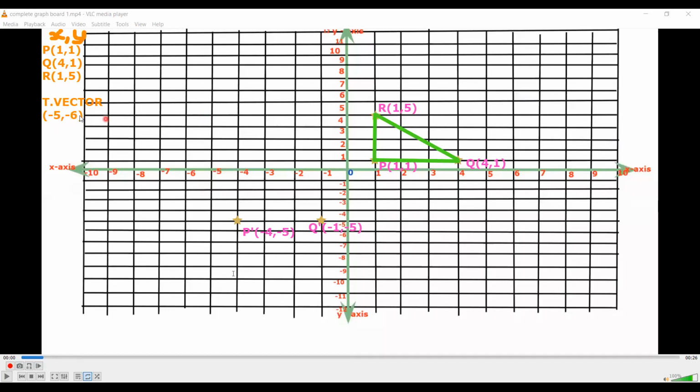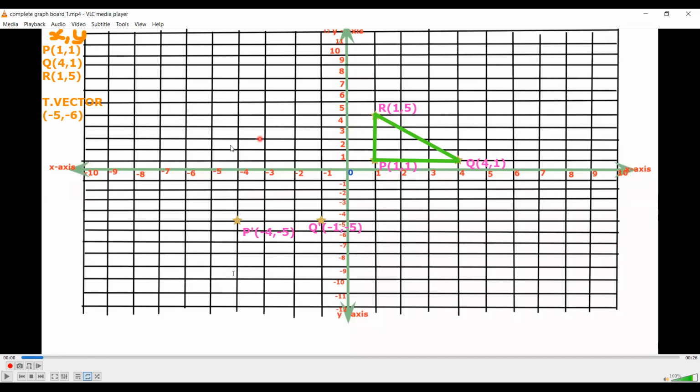You count 5 to the left: 1, 2, 3, 4, 5. That is 5. And then 6 down: 1, 2, 3, 4, 5, 6. And here will be the 6 down. Are you okay?